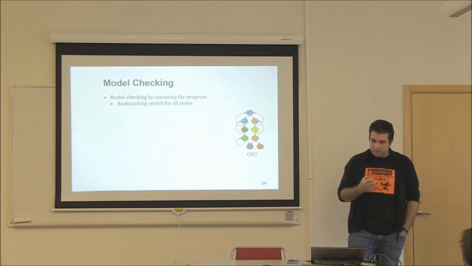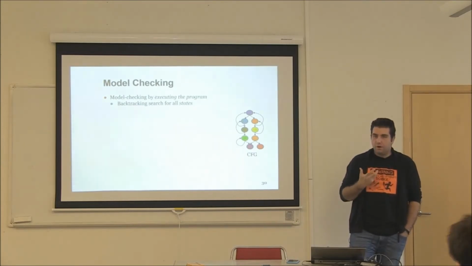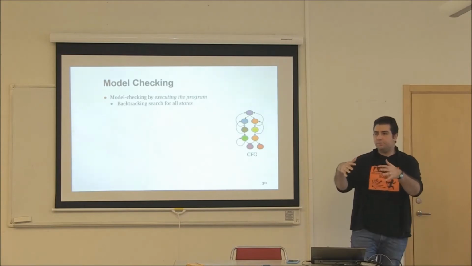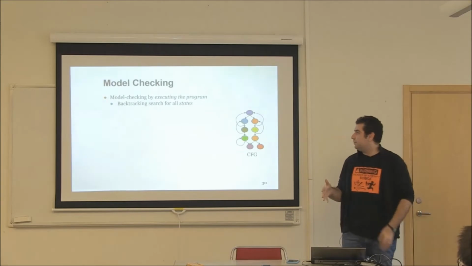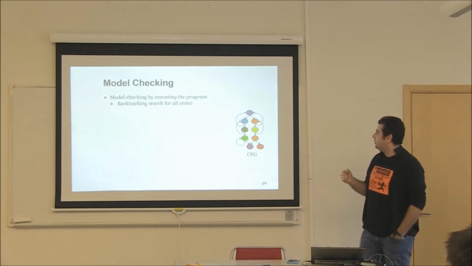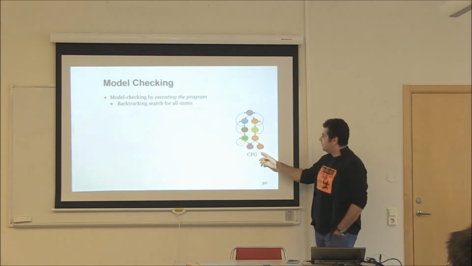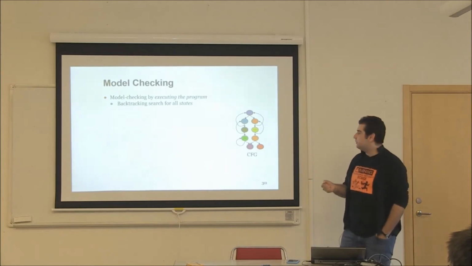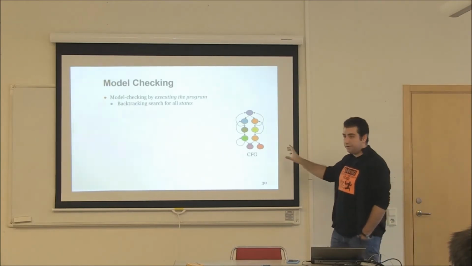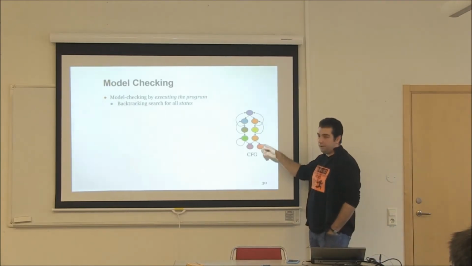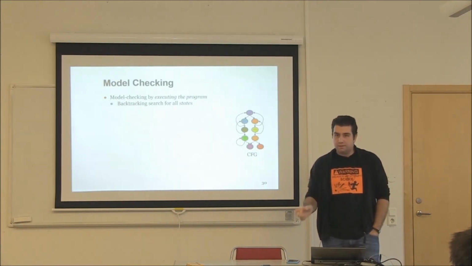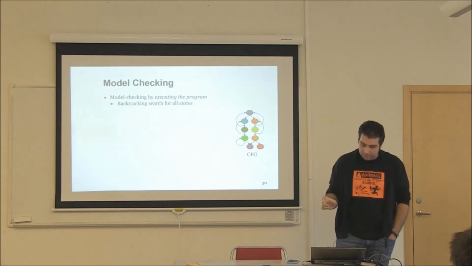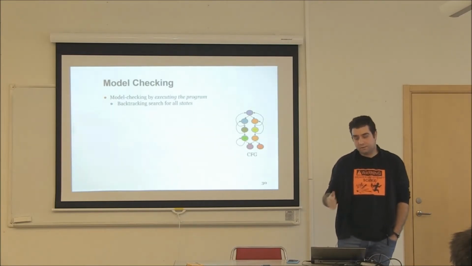To give you a simple example of how model checking is useful for generating tests on finite state machines, we'll call this a control flow graph, because you know what a control flow graph is, and it's very simple. You have nodes and directed edges. Basically, a model checker executes all states in the program, and it backtracks.